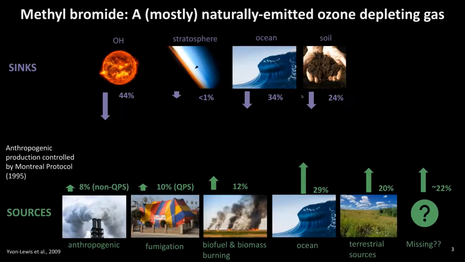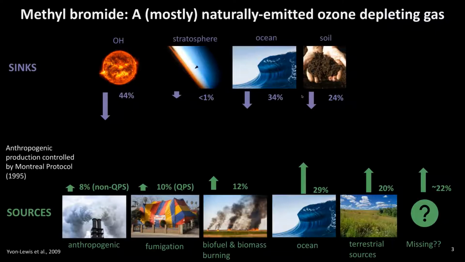If you're not as familiar with methyl bromide as I am, I want to give you a little background on the budget of methyl bromide. Methyl bromide is a mostly naturally emitted gas. At the bottom here, I'm showing you the sources of methyl bromide, based on the 2009 budget analysis by Sherry Von Lewis and others.